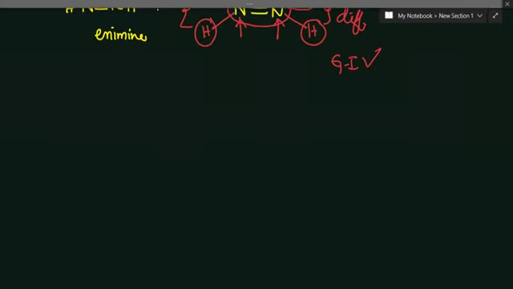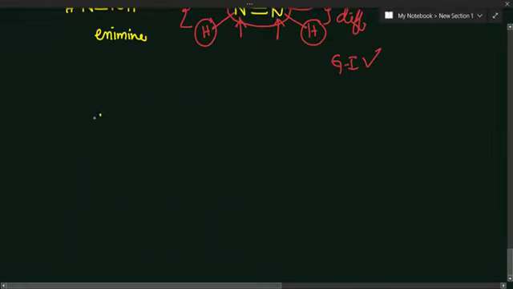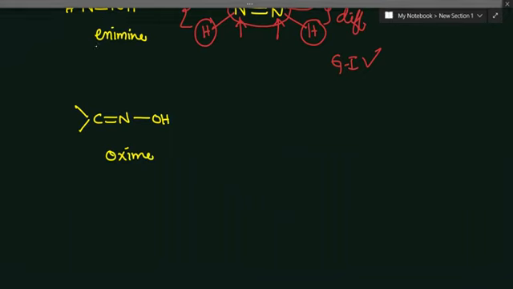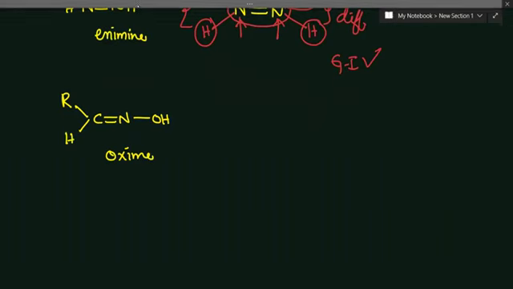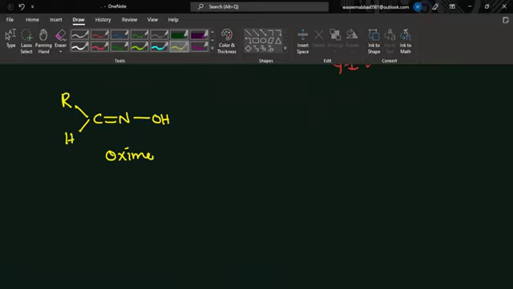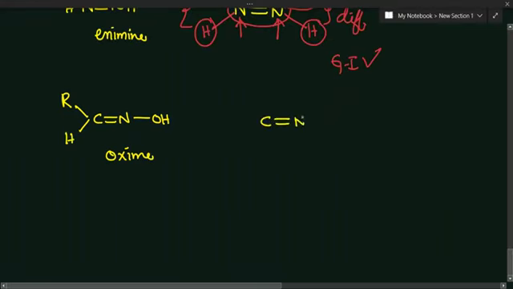Like a few more examples, you might have studied about this. This compound is called as oxime. Now check the oxime structure. If I write R here and a hydrogen here, for example, so C double bond N, with R on this side and hydrogen, and one lone pair and alcohol on the other side.